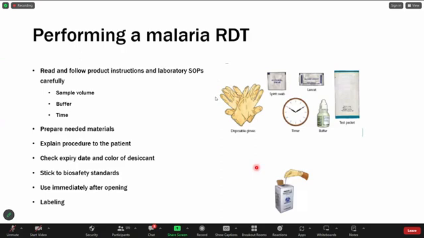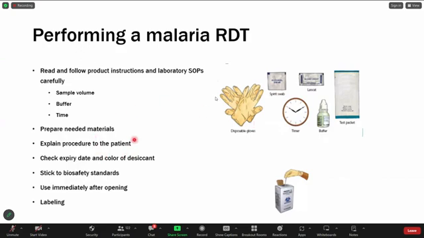The points to consider here are the sample volume, how much volume is required for that specific RDT, the buffer, we need 1 buffer per test kit. We should not cross buffers from one test kit and use it for RDTs of another test kit. Then the timing of the test is also very much relevant.